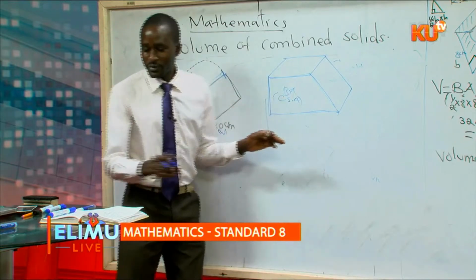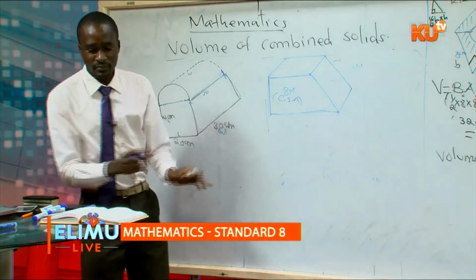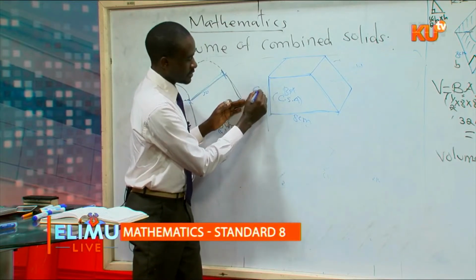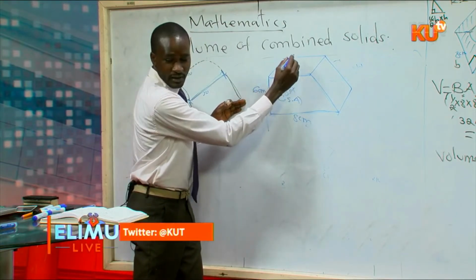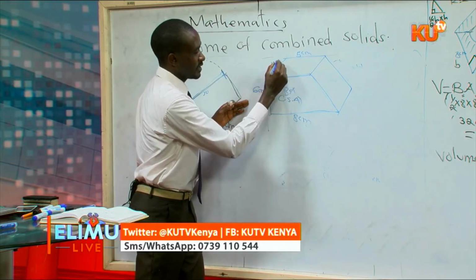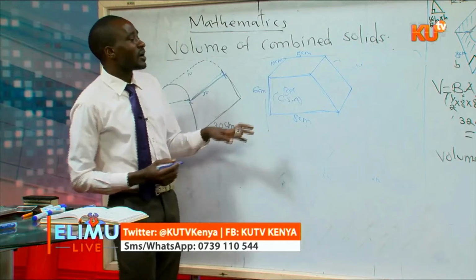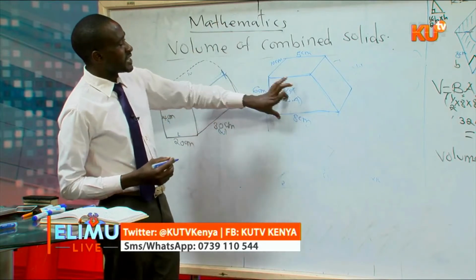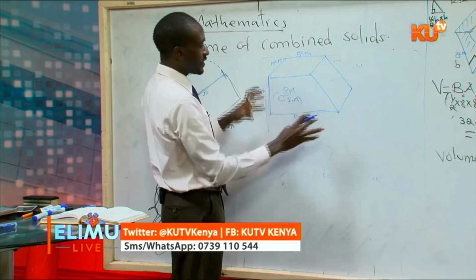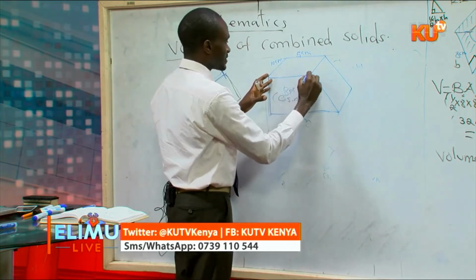Now, what do I do? We said for the trapezium, here is 8 centimeter, here is 6 centimeter, and here is 5 centimeter. Here is 10 centimeter. Now, you deal with base area first. Then where is the height of the figure? We'll take these ones.